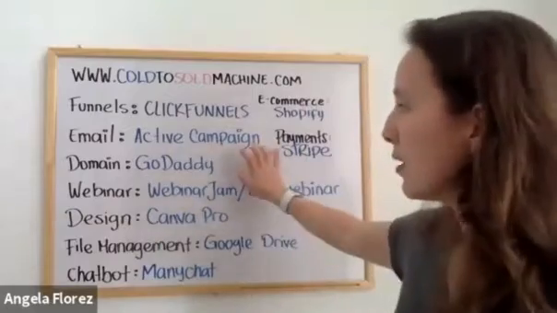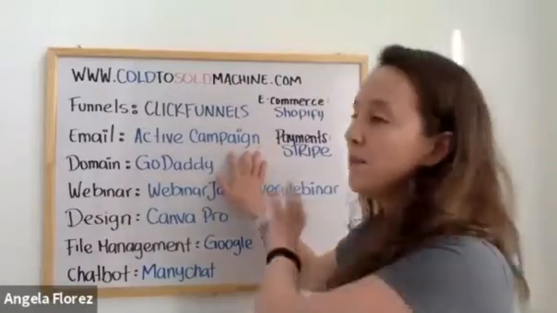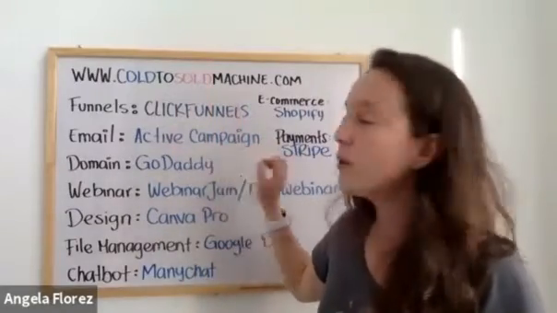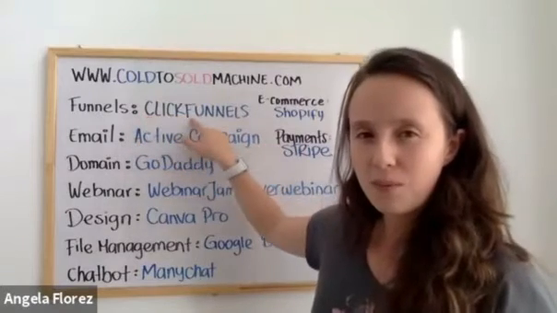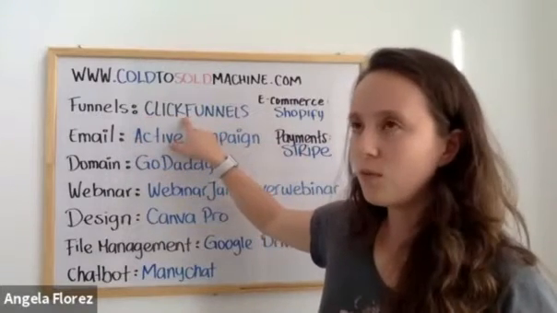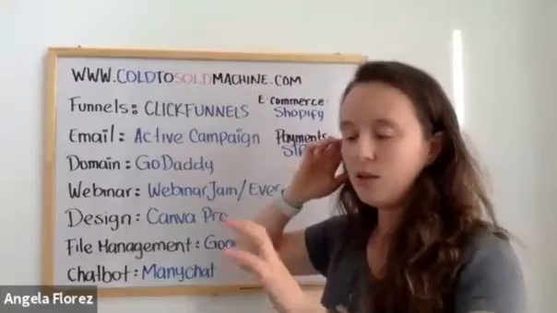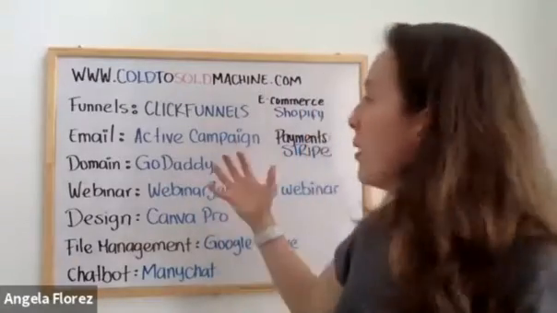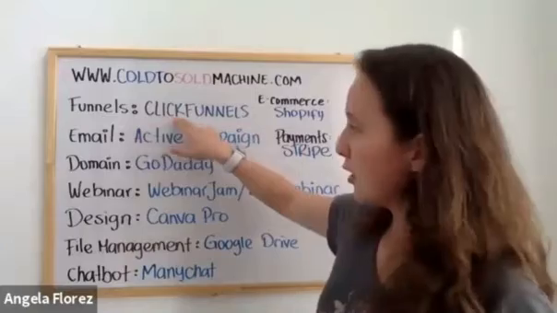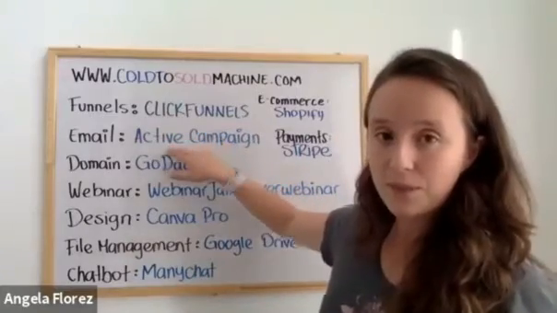So we really, really like ActiveCampaign. The interface is really cool. And another thing, we like ClickFunnels, the basic package, with the email, and you can do email autoresponder and all of those things inside of ClickFunnels. But we tend to use ClickFunnels with ActiveCampaign, all right?